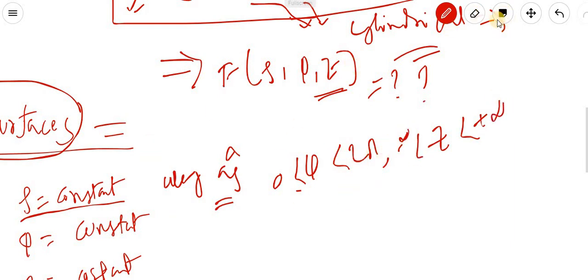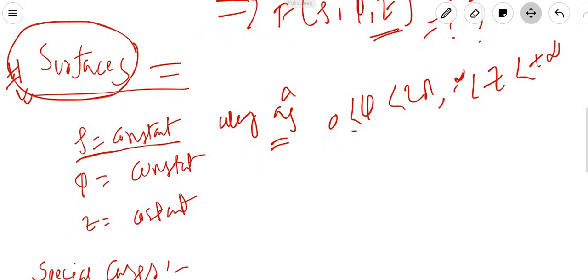What will we get? Let's go for a 3-dimensional presentation.